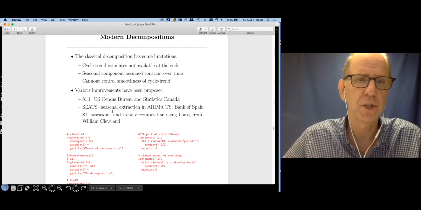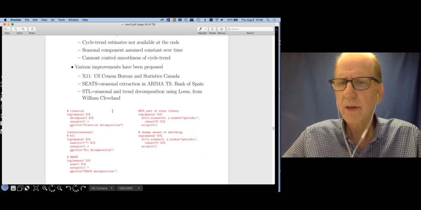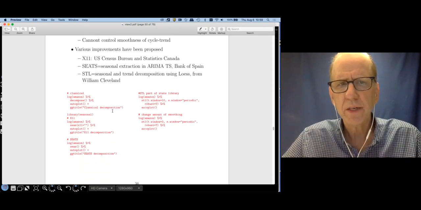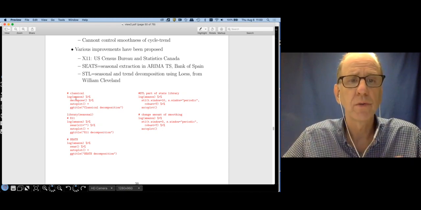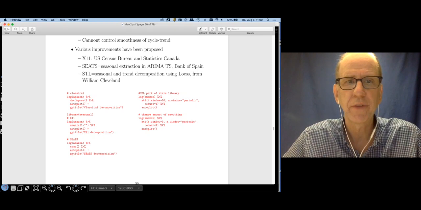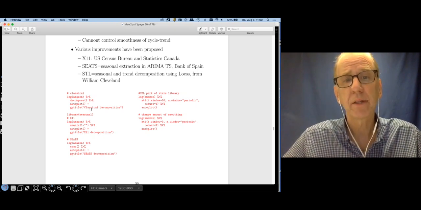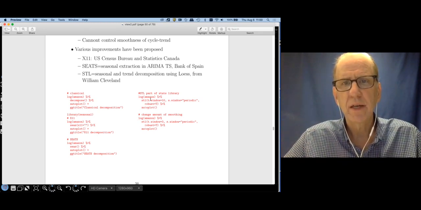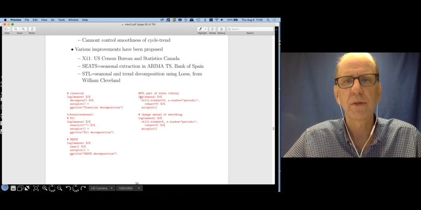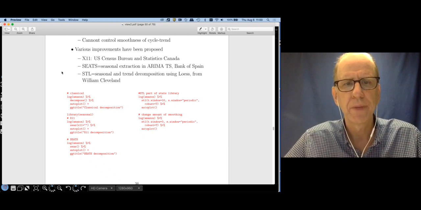So what I thought I would do is, I want an additive model, so we're going to use a log transformation of our Amazon data set, and let's just compare the classical, the X11, the SEATS, and the STL, the seasonal time series with LOESS smoother.